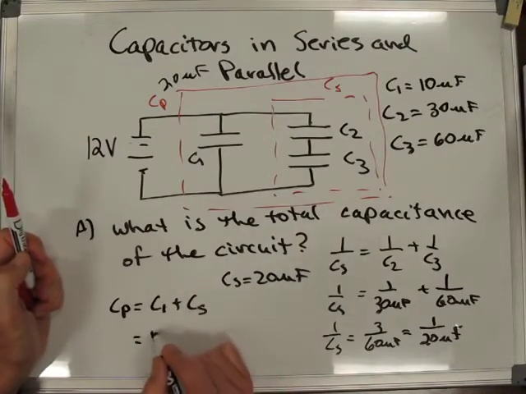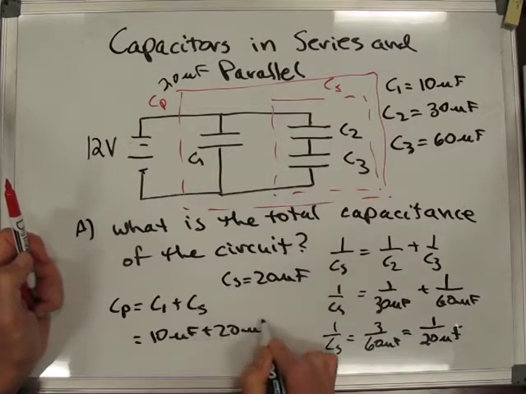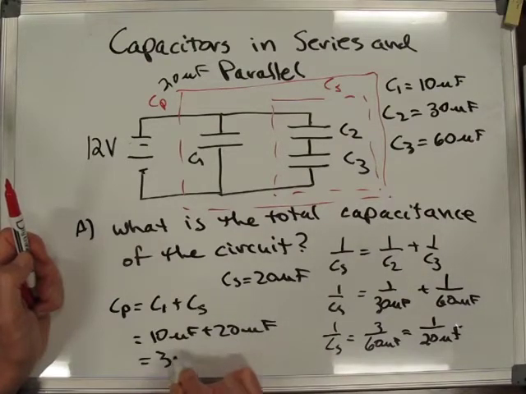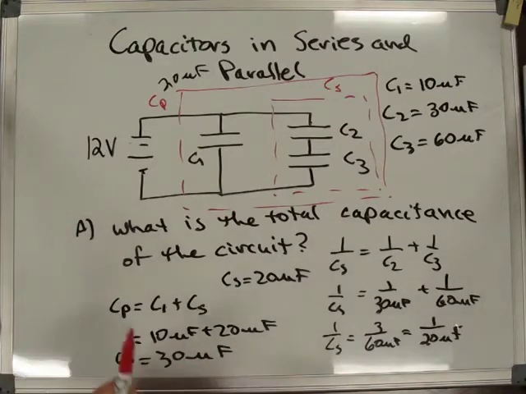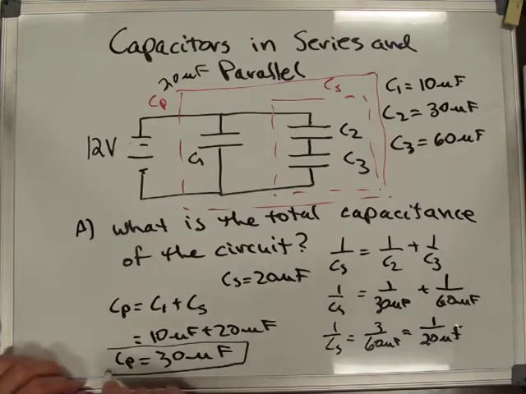So it's equal to 10 microfarads plus 20 microfarads, which is 30 microfarads. So that's the answer. The total capacitance of my circuit is 30 microfarads.